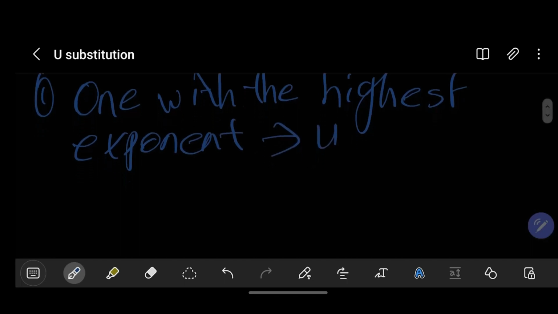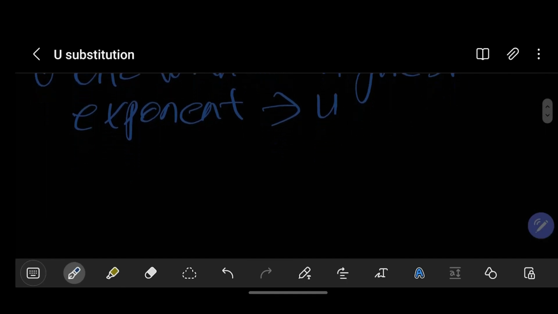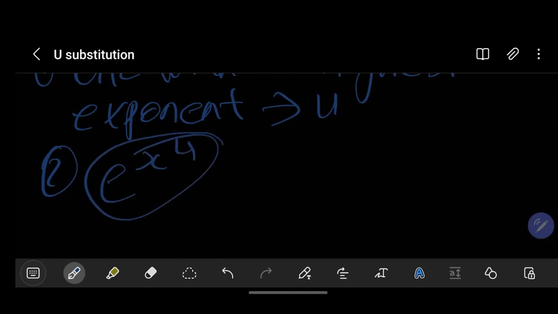Another guide is when dealing with the exponential rule, for example e to the 4x. As you can see here, we're also going to follow that rule of making sure that the highest exponent is equal to u in both trig and the exponential rule. And then working with powers, same rule, the one with the highest power, let's make that equal to u.